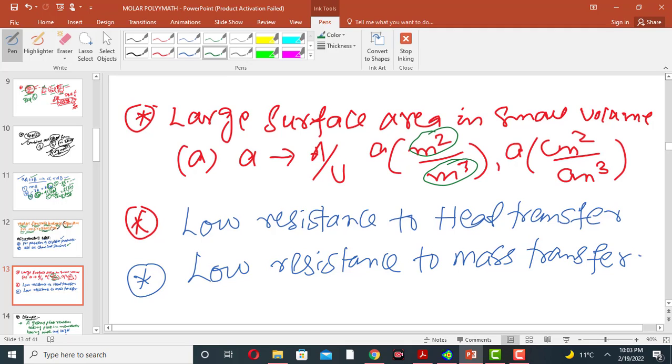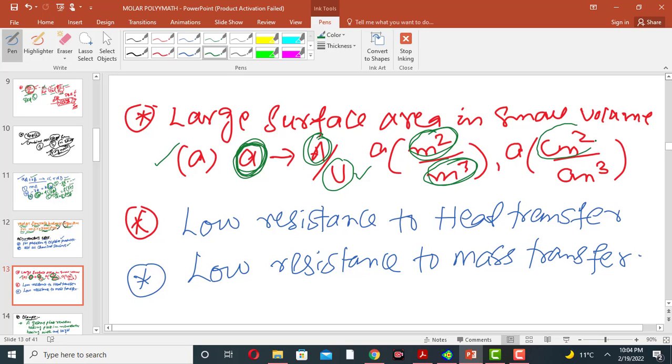So the specific surface area, which is denoted by small a, is nothing but the area in the volume of the reactor. The specific surface area in a microreactor is very large as compared to conventional reactors like CSTR, PFR, PBR, etc. The specific surface area can be denoted as area divided by volume of reactor, square meter divided by cubic meter of reactor volume.